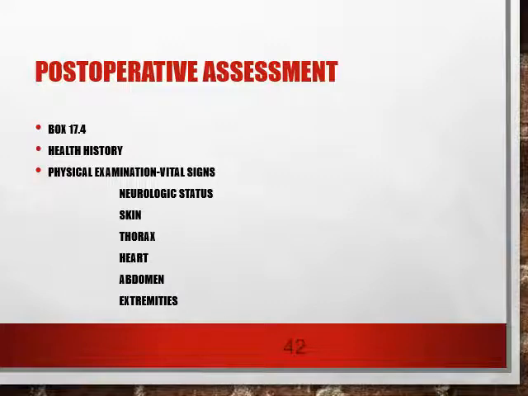Post-op assessment. So this is box 17.4. There is a great nursing care plan, by the way, on page 286. It talks about the health history of a 37-year-old having an abdominal hysterectomy. I want you to notice on that page, under the care plan, it talks about potential for infection. So you want to use aseptic technique for wound care and monitor their I&O and the drainage on their dressing.